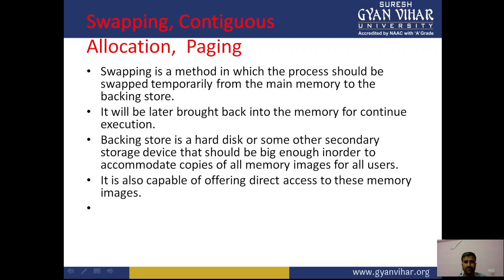At some later time, the system swaps the process back from secondary storage to main memory. Performance is affected by the swapping process, but it helps in running multiple and big processes in parallel, and for that reason swapping is also known as a technique of memory compaction, right?